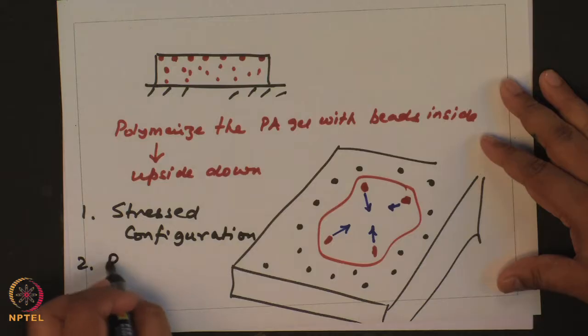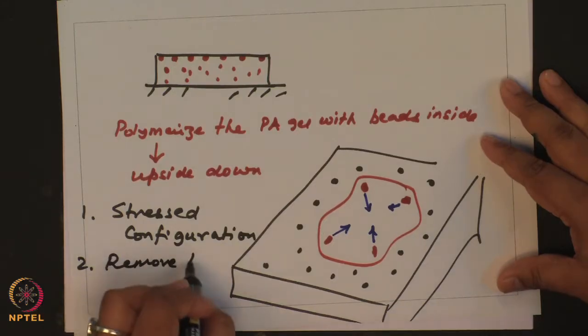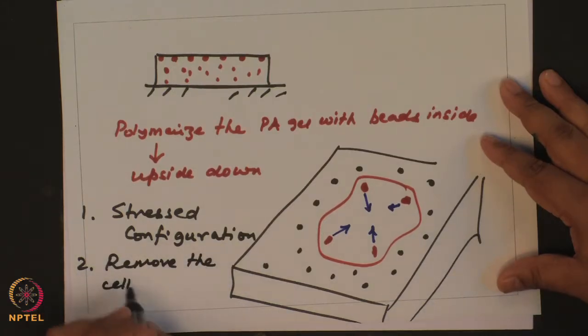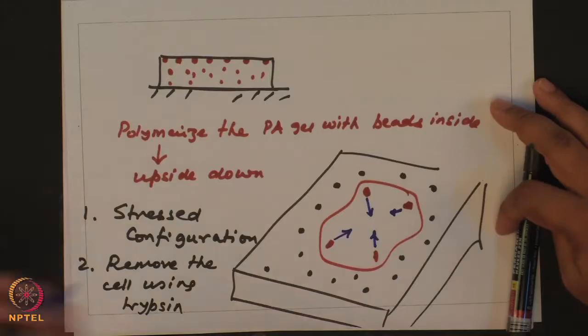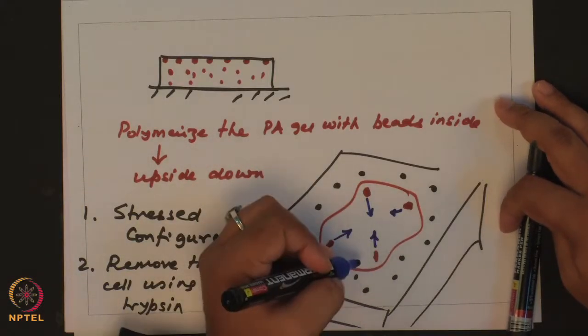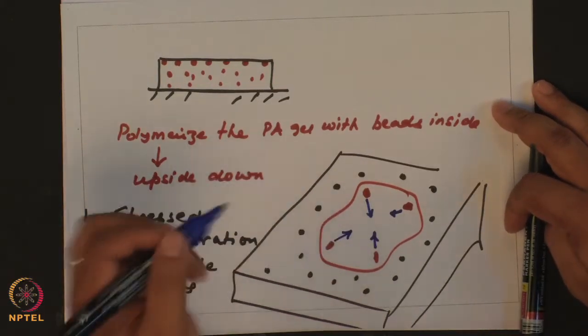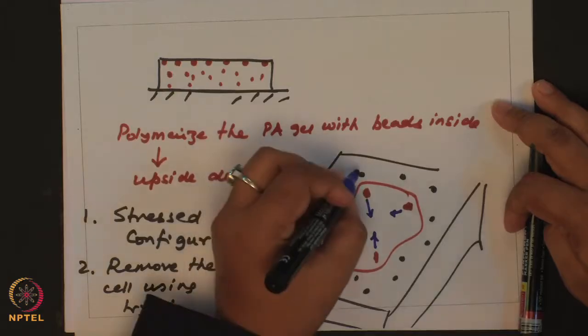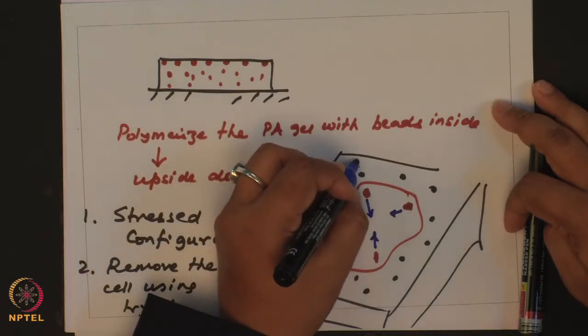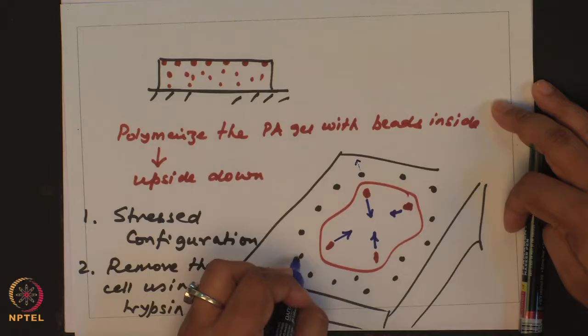I remove the cells using trypsin. If these were the original directions in which the cell was exerting forces, once I remove the cells, these beads would move in the outward directions.